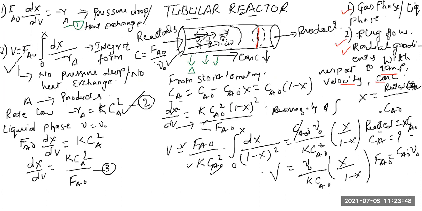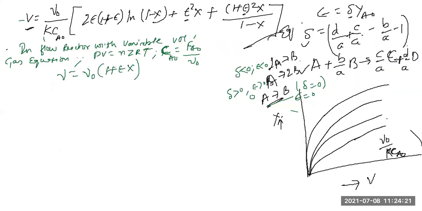If the volumetric flow rate increases, then reactants will spend less time in the reactor. Less time means they will flow quickly out of the reactor and react for less time inside, so conversion is less. Whereas if the volumetric flow rate decreases, reactants will stay for a longer time inside the reactor, hence conversion will be high. That's what we would be looking into using these equations and the value of epsilon.